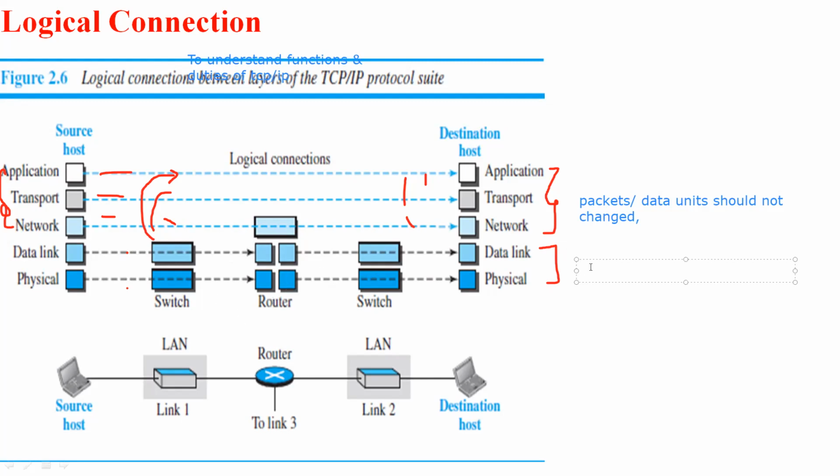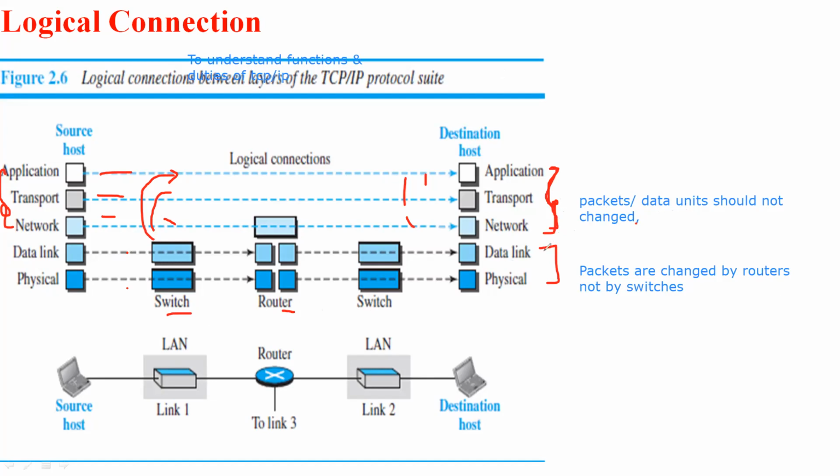So packets are changed by routers, not by switches. When I talk about the top three layers, that is the application layer, transport and the network layer, the packets or the data unit should not be changed by any of the routers or by any of the switches.